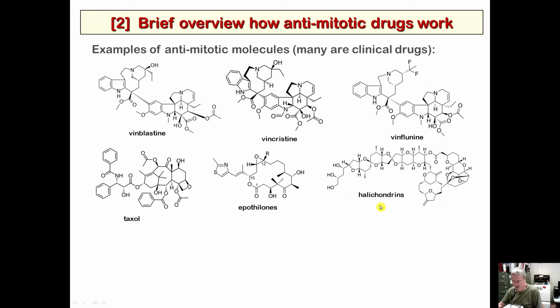Halichondrins are very diverse in structure compared to the other ones. It has these weird spiroketal linkages between ring systems, and a lot of chirality and interesting organic chemical structure.